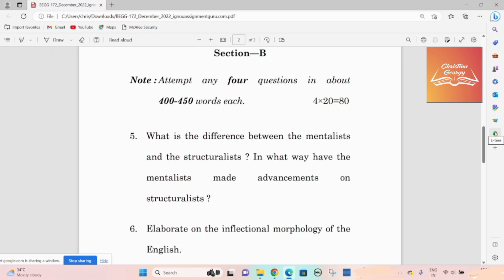In the sense, you have 20 marks allotted to each of these questions. Alright. So the word count mentioned is around 400 to 450 words. So never write short of 400 words, even if you exceed 450 words, but try to maintain uniformity. You will have to write 4 essays.